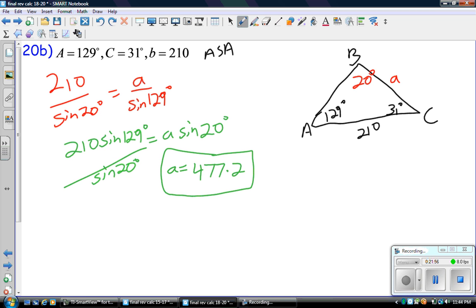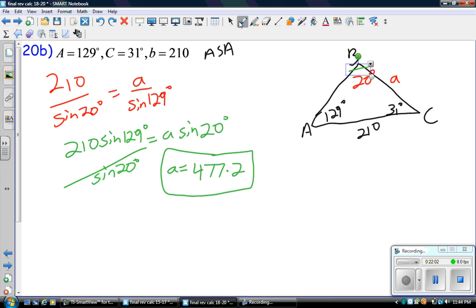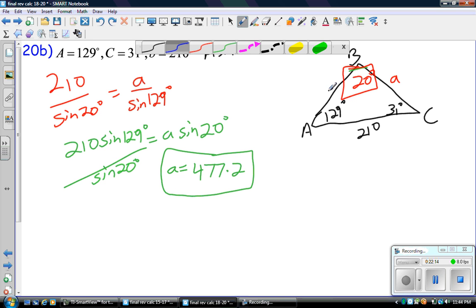So I've almost solved the whole triangle. I've got the angle that was missing. I've got one of the sides. Now I can just do another law of sines to get side C. So I'm going to use the same ratio that I started with because that angle was easy to find, so I'm pretty sure this is right.